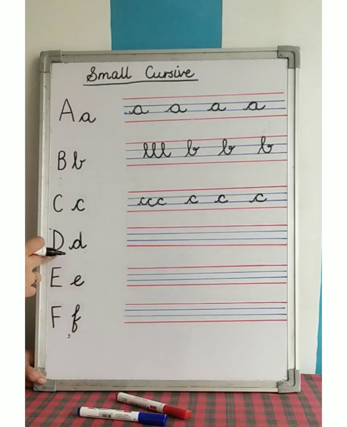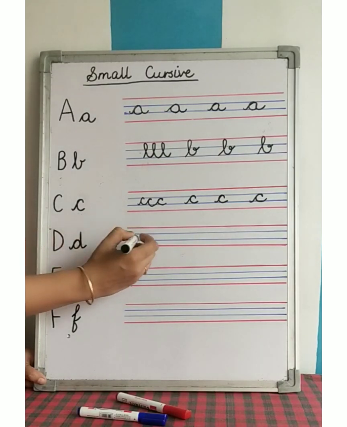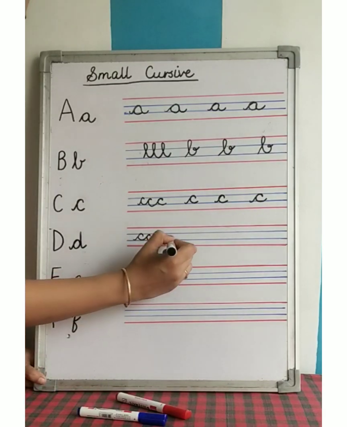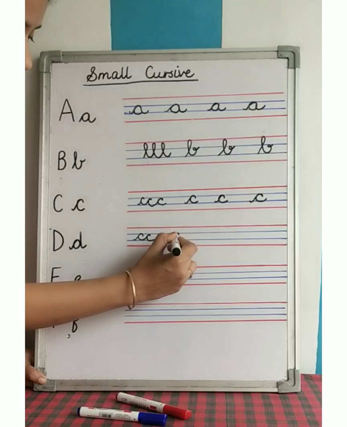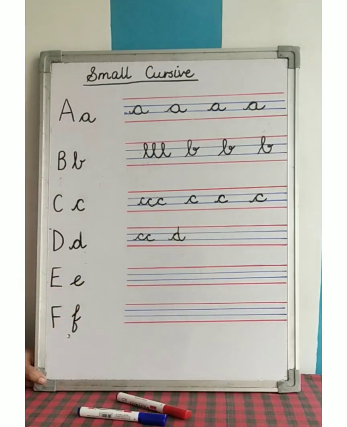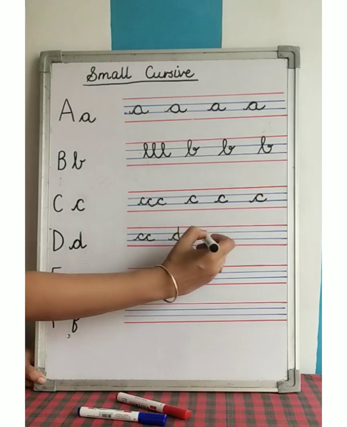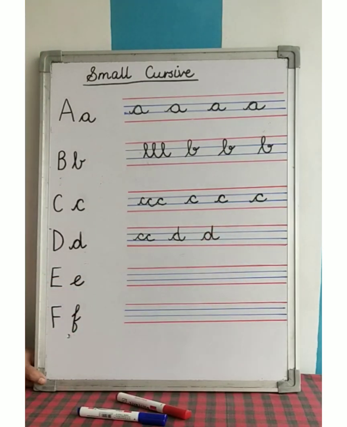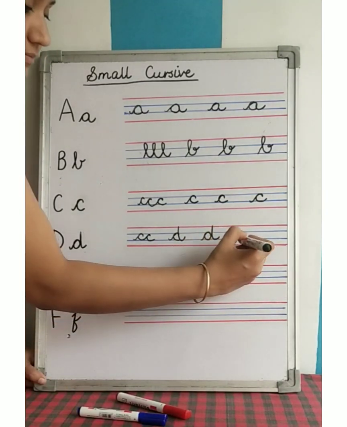Now the next is small cursive D. Again students, small cursive D is based on the pattern which was used for small cursive A and C. So first we will draw the pattern and then we will extend it towards the upper red line and then we'll draw a tail.